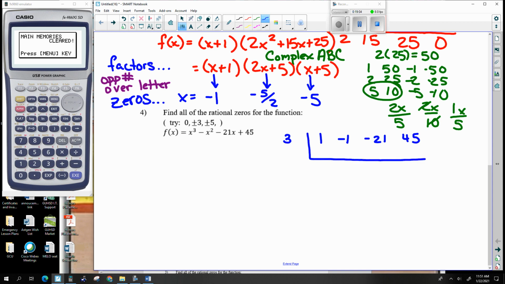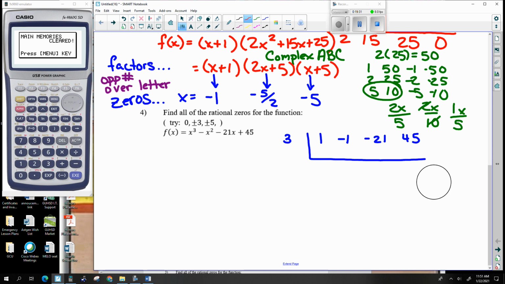Now, if this comes out to be a remainder of 0, that means x minus 3 is a factor, and x is equal to 3 is a 0. Again, if this comes out with a remainder of 0, that lets me know those two things. That would let me know that a factor is x minus 3, and a 0 would be positive 3. But let's check it out.